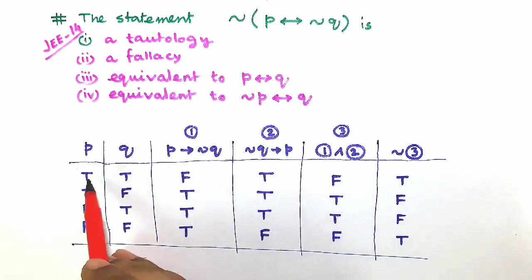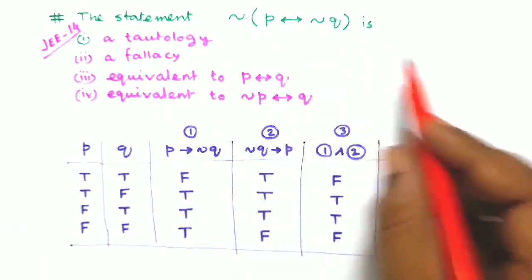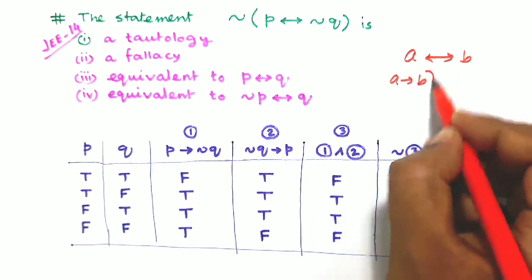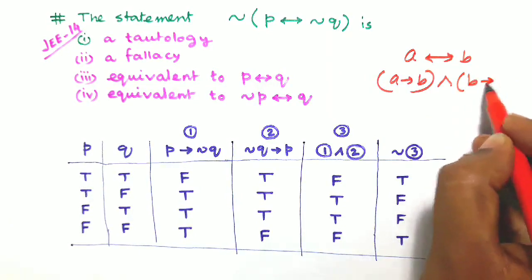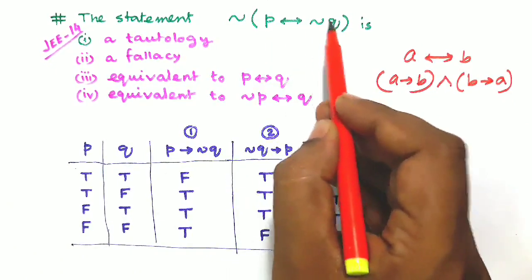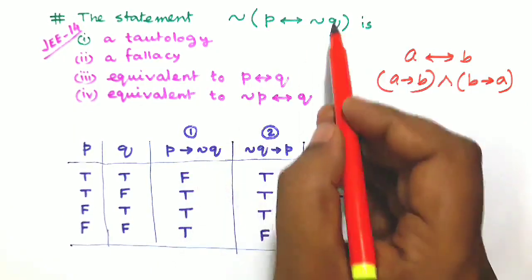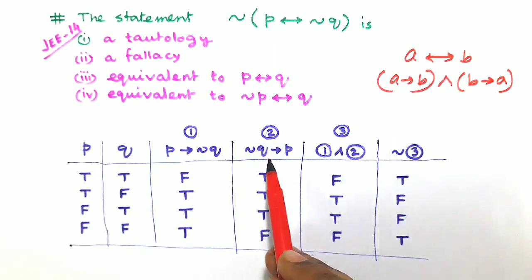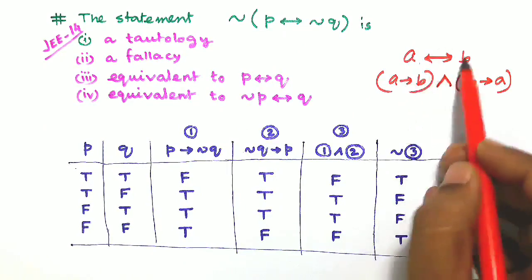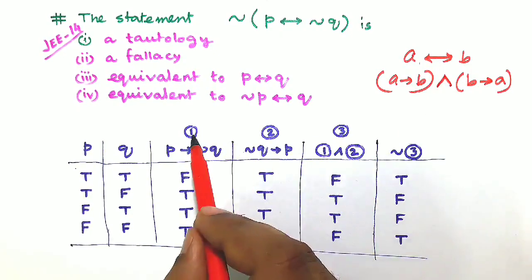P is T, T, F, F, Q is T, F, T, F. Now first of all, what is A double implication B? It means A implies B and B implies A. So here P double implication negation of Q: first you find P implies negation Q, and second negation Q implies P. Since there is an and in the double implication, you break it and apply and between 1 and 2.